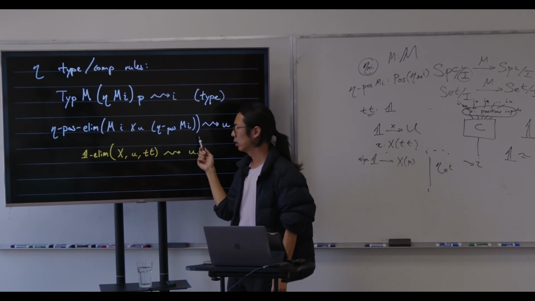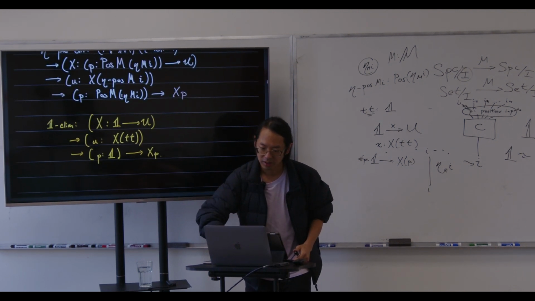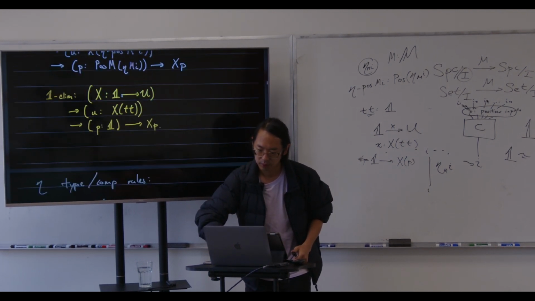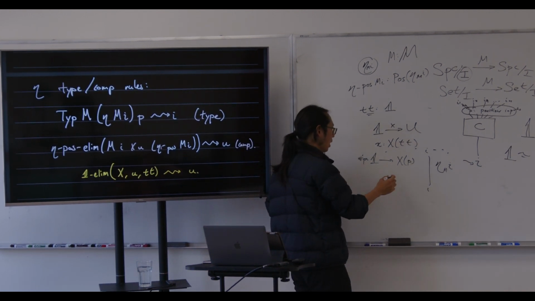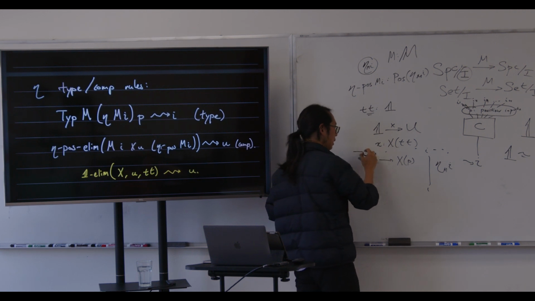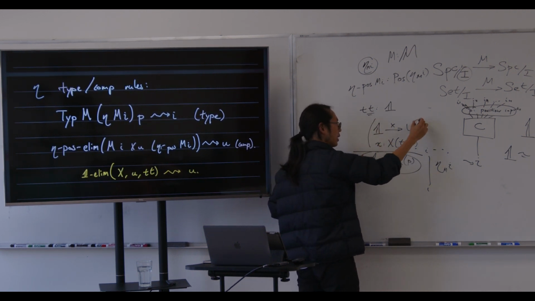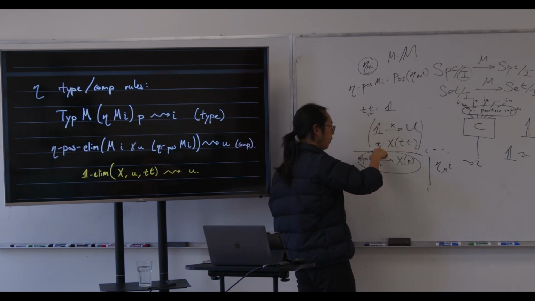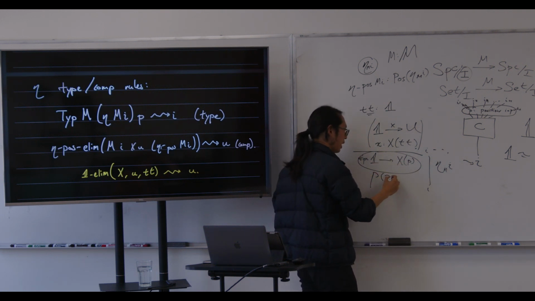Similarly, we have an eliminator. Basically the idea is, let's say we're working with a unit type. If I have a point in x, I always get a function from 1 to x that maps to that point. If I apply this function p to my little tt, it should be x.